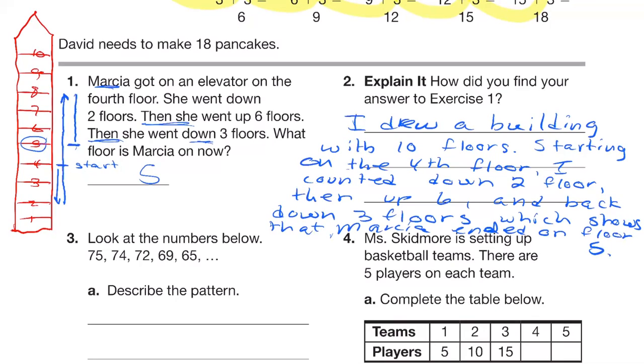So I drew my picture, I followed the directions, and then I wrote the words. I drew a building with 10 floors. Starting on the fourth floor, I counted down 2 floors, then up 6, and back down 3 floors, which shows that Marcia ended on floor 5.